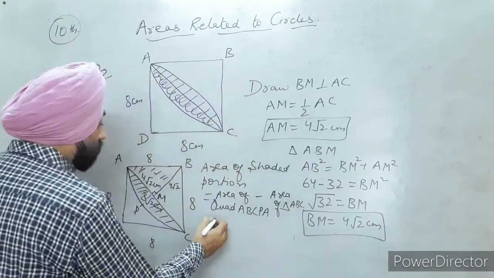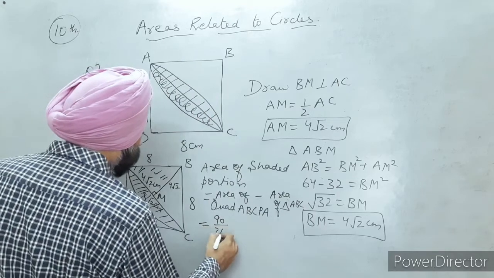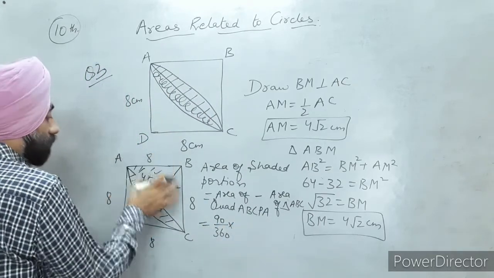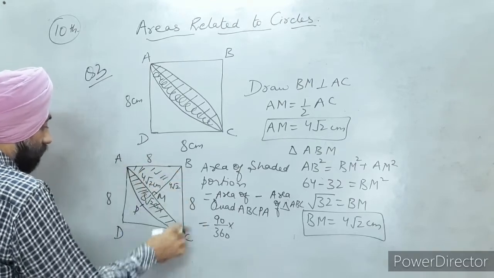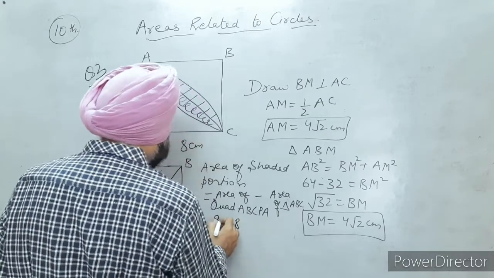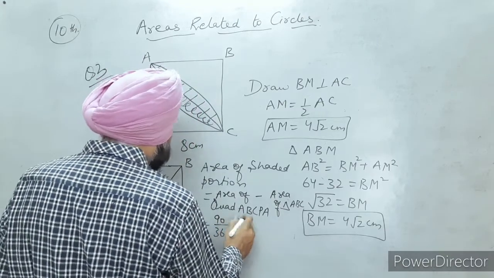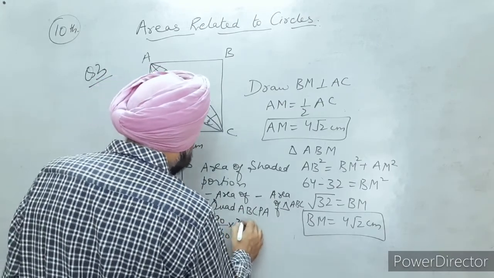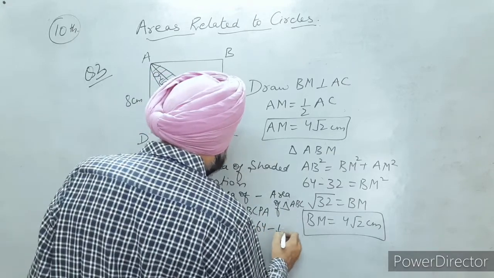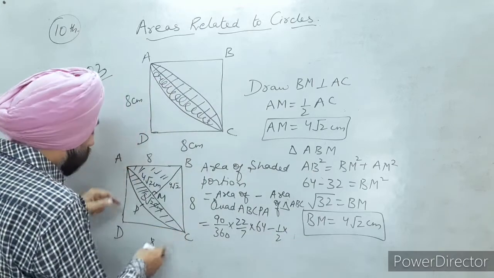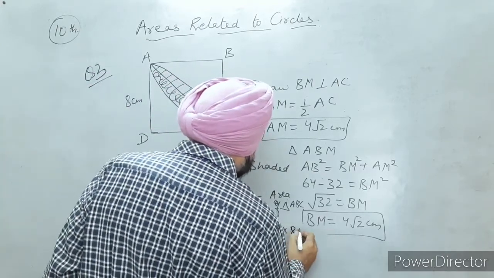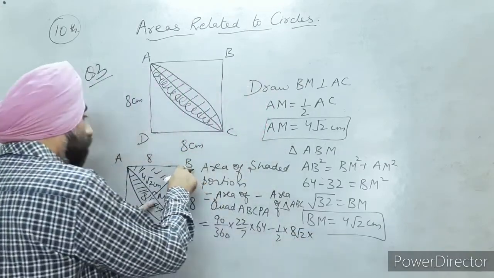This is 90 upon 360 into pi r square, what is the radius? It's 8. So 90 by 360 pi r square. Let me write pi first: 22 by 7 into 64, minus half into base. Base is AC, 8 under root 2, multiplied by the height BM.